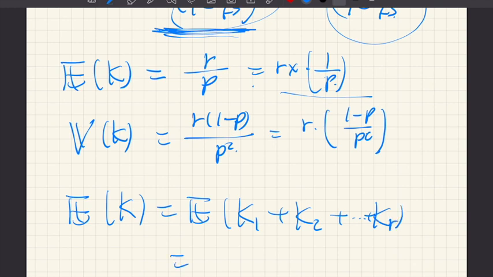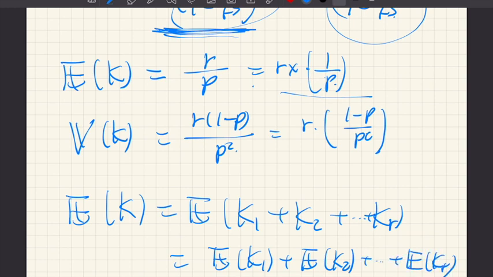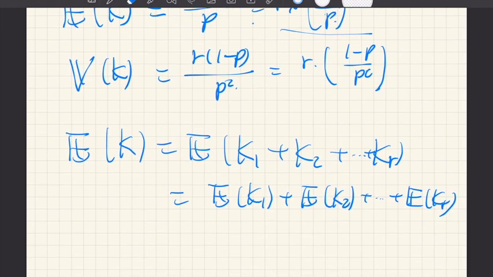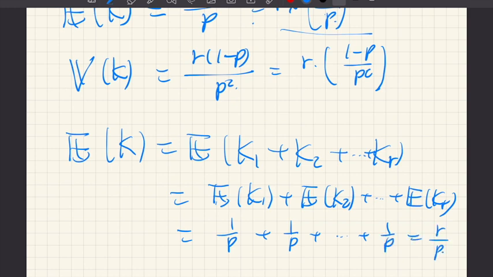So you just split the summation, and each of them has expectation 1 over p. So it's r over p.